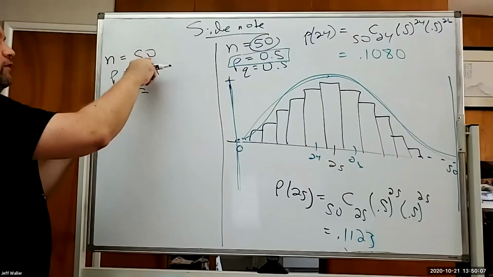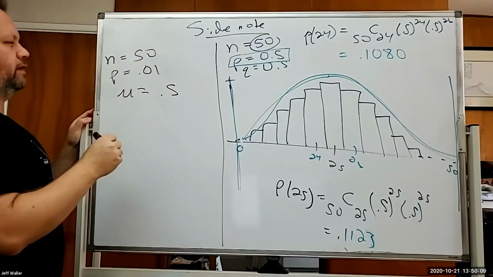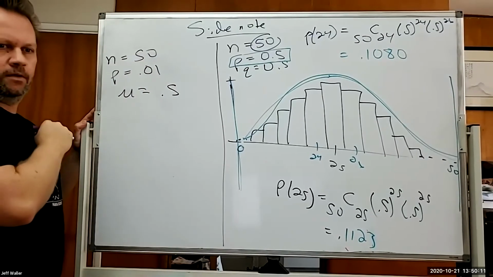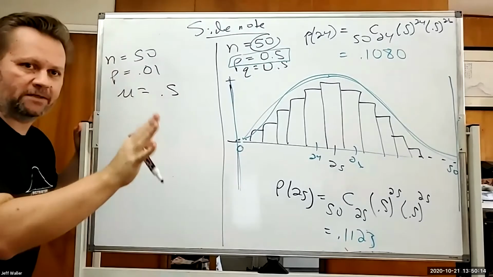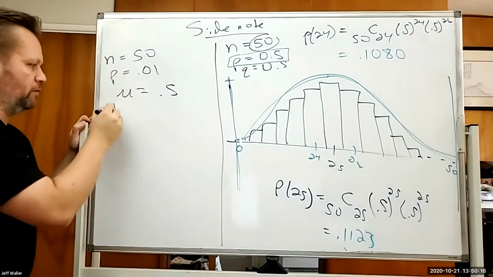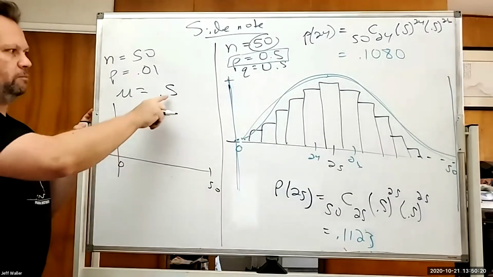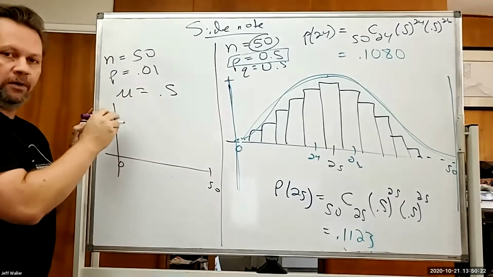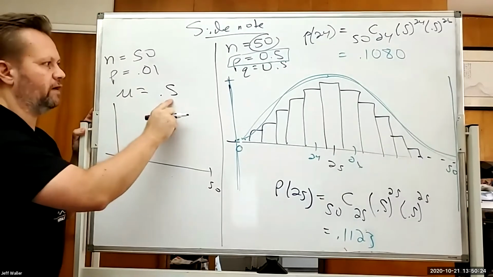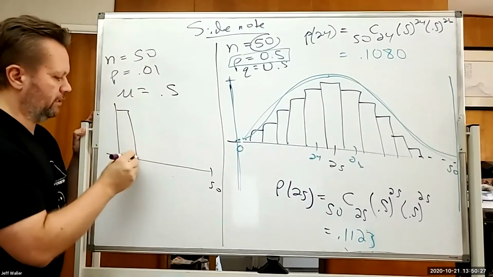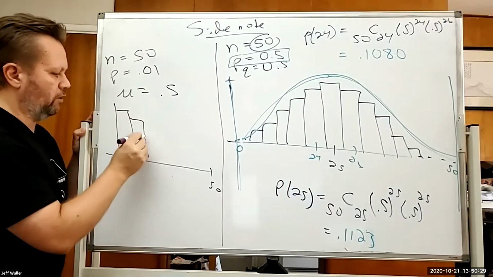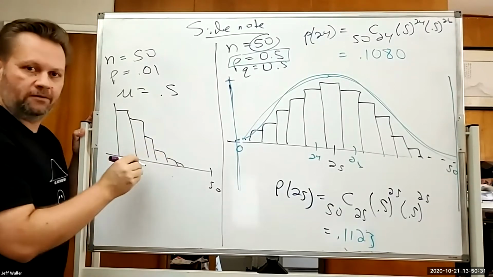Yeah, you just do 50 times 0.01, 0.5. Stay with me. Where would the tallest bar be now? It would be right next to 0, wouldn't it? Because the mean is 0.5. It would be right here. Then it could only go down from there.